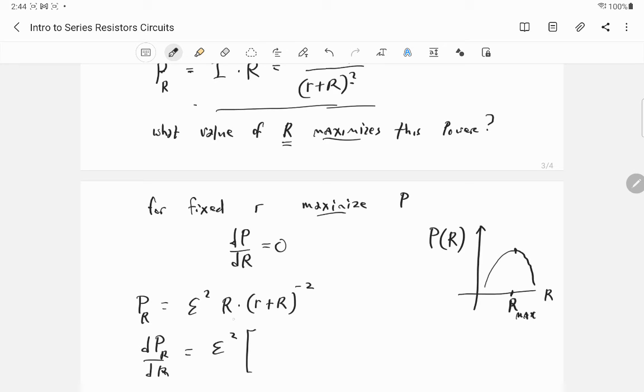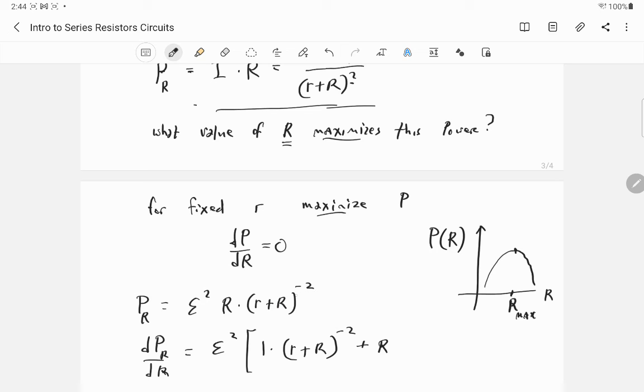And then the derivative of the first times the second plus the derivative of the second times the first, right? I'm going to use the product rule for derivatives, not the quotient rule. So the derivative of the first is just 1, so it's 1 times (r + R) raised to the minus 2, plus the first times the derivative of the second.